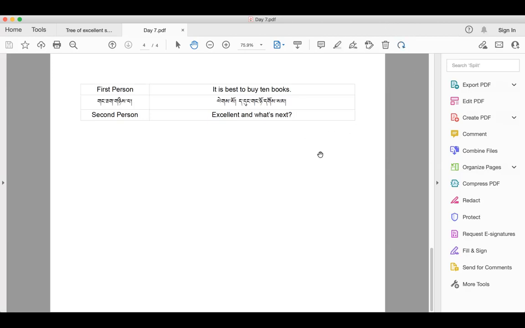Another example is Nye Kerala Un Katsu Tu Gusam. Nye Kerala Un Katsu Tu Gusam.